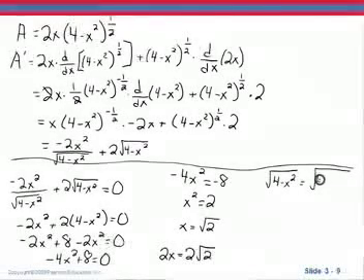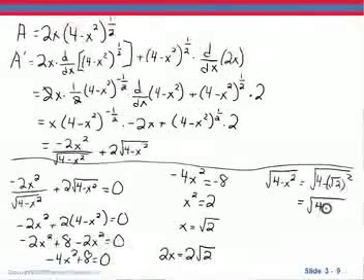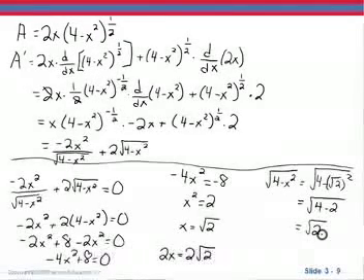If we plug in the square root of 2 for x, that's the x we found, that will be the square root of 4 minus 2, or the square root of 2. Okay, so the maximum possible area occurs when we have a rectangle that's square root of 2 units high and 2 square root of 2 units long.